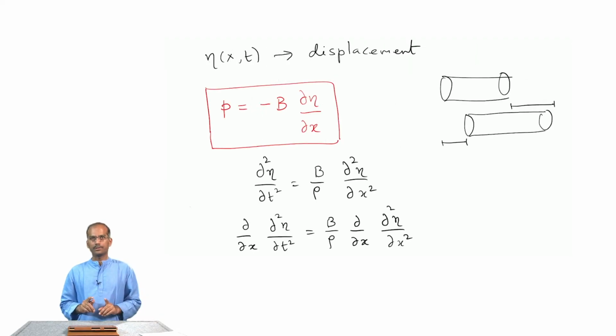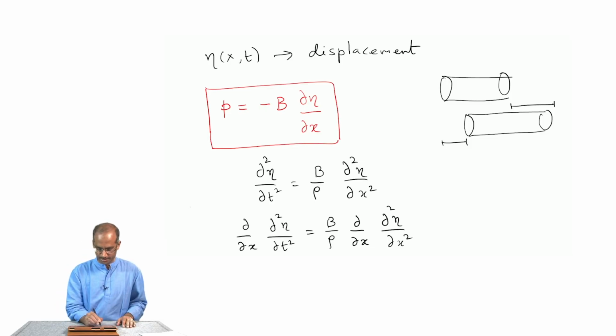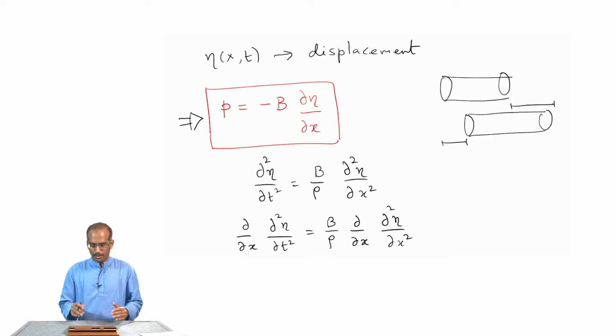It is very important to note that this P is related to displacement through this equation, and this negative sign is very important. Now, we will see why this negative sign is very important and what is the implication of this relation, that P is related to the gradient of displacement.